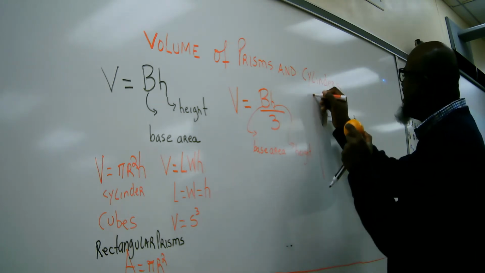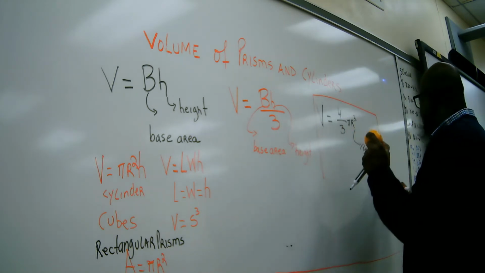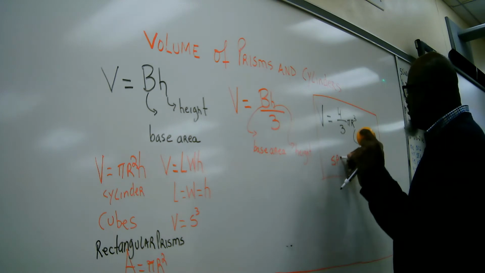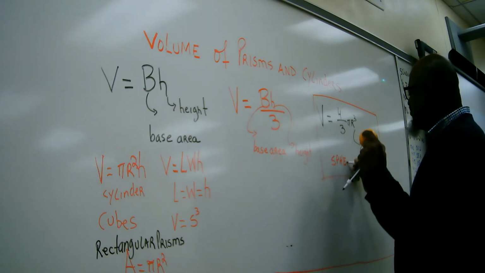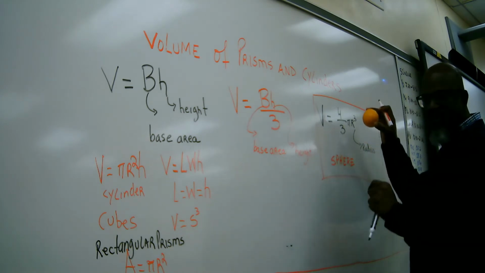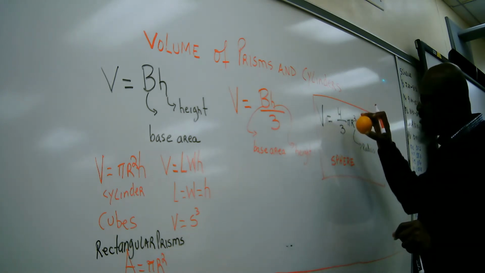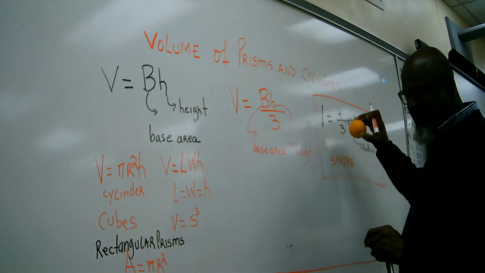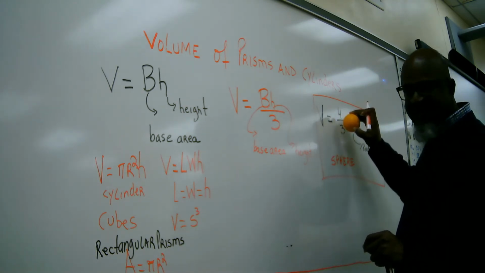If you know the radius, you can find the volume of a sphere. Sphere is a globe, soccer ball, baseball, any type of ball. That round shape, that is a sphere.